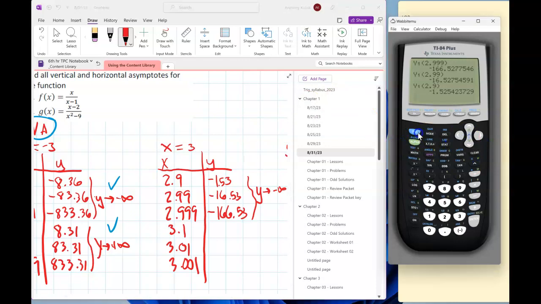Now let's do the other one. Second and enter. So this time I'm just going to edit what I got. 3.1, 3.01, 3.001.